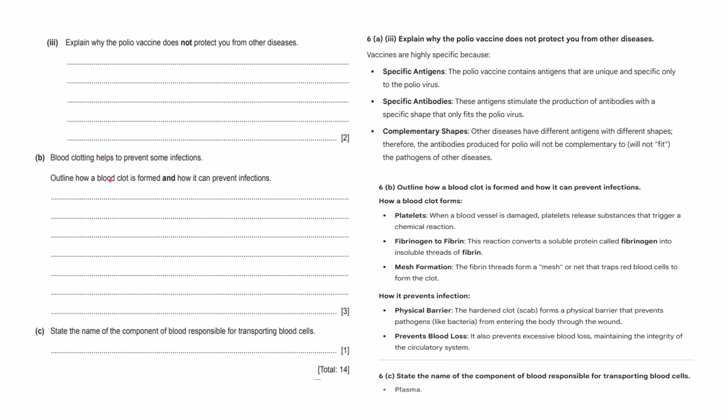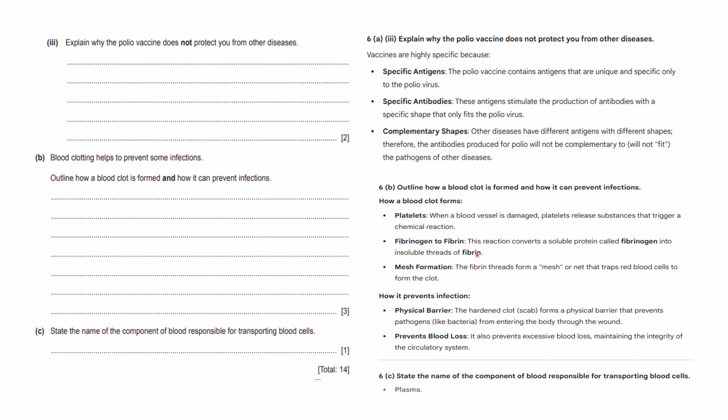Part B, blood clotting helps to prevent some infections. Outline how a blood clot is formed and how it can prevent infections. This carries 3 marks. So how does a blood clot form? The answer is platelets. When a blood vessel is damaged, platelets release substances that trigger a chemical reaction.